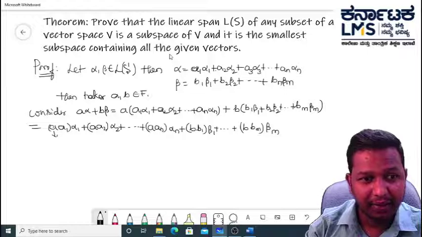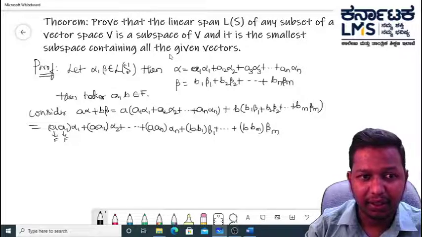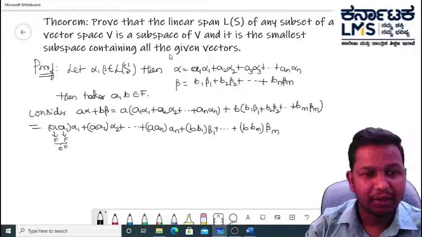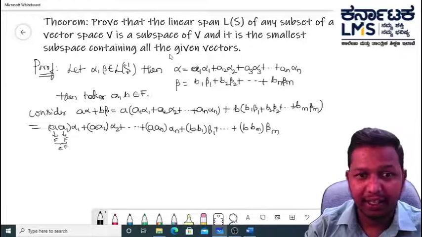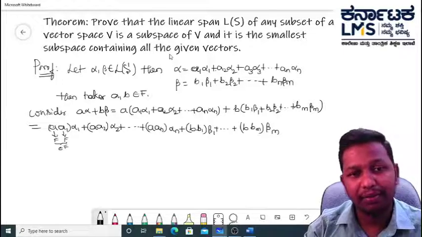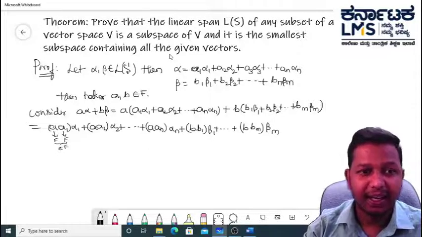Observe a is a scalar element of F. A1 is also an element of F. Therefore, clearly this is an element of F. Similarly, all these scalars aA2, aAn, bB1, bBm are all elements of F because F is closed under scalar multiplication.